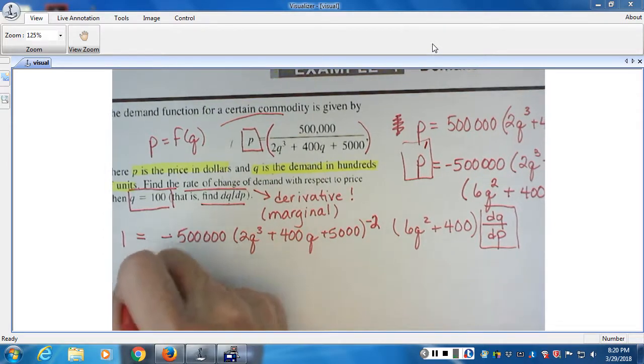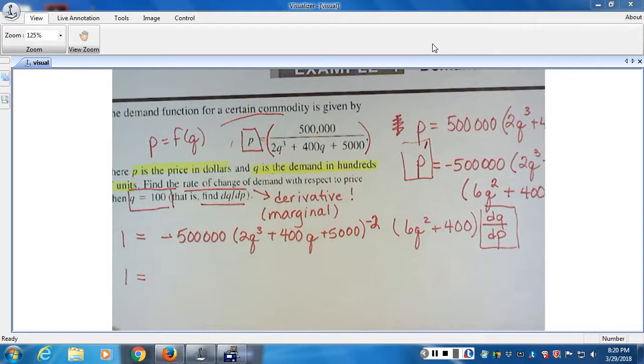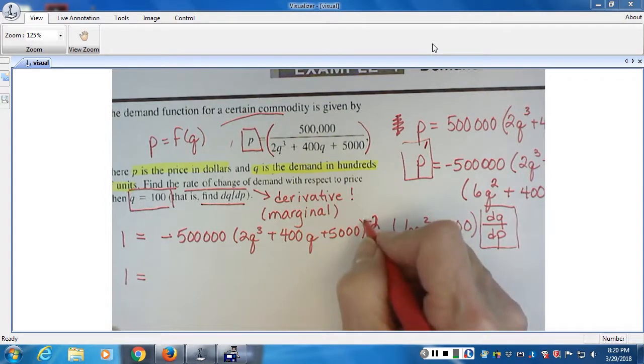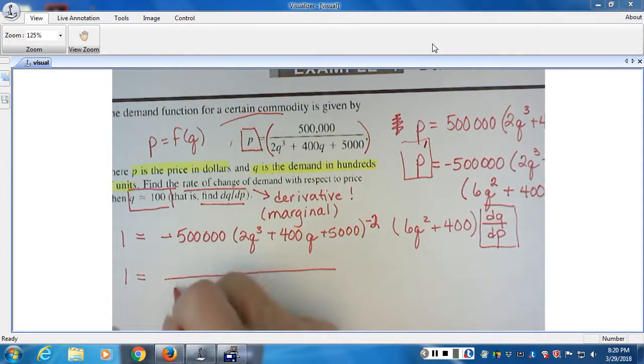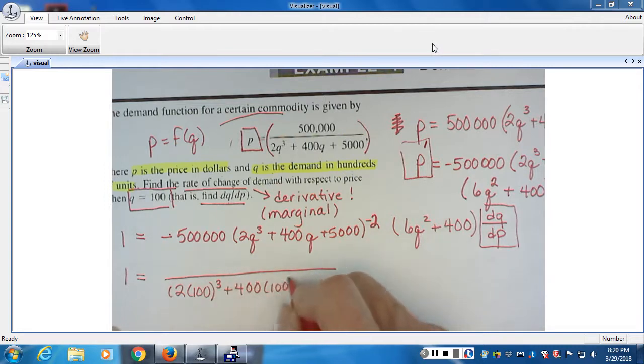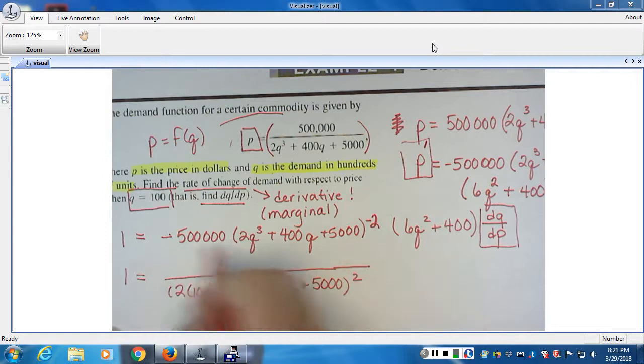So 1 doesn't change. Since this is a -2, I'm going to put it in the denominator because it'll make it easier to keep up with the separated calculations. So that's what I did with that. I'll leave my -500,000 in the numerator.